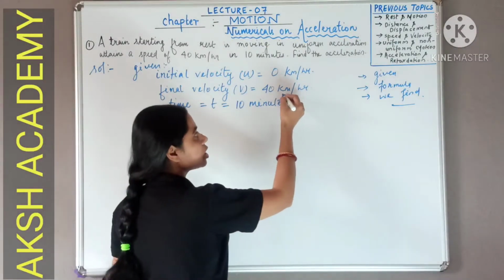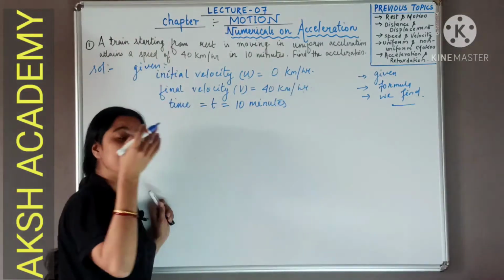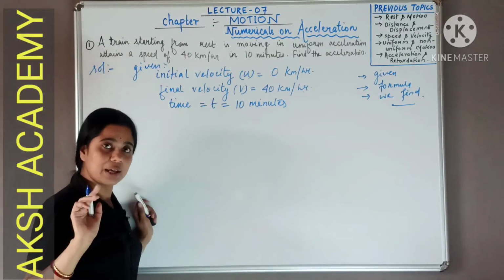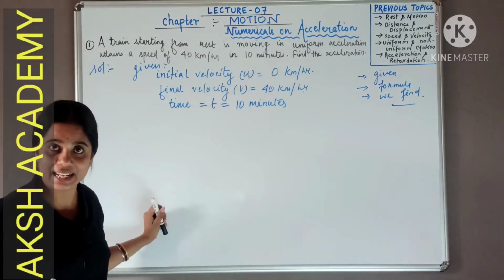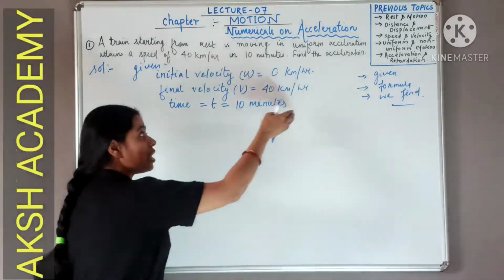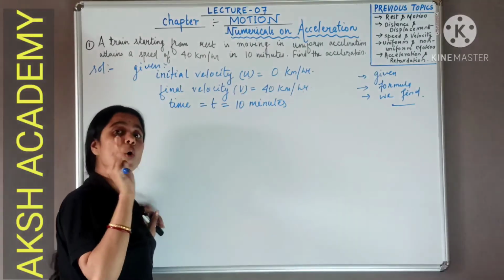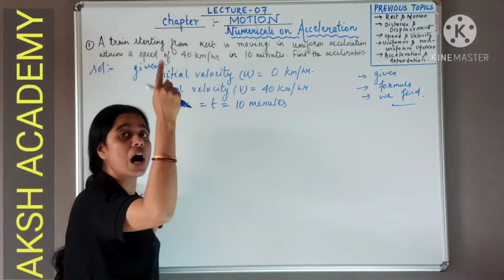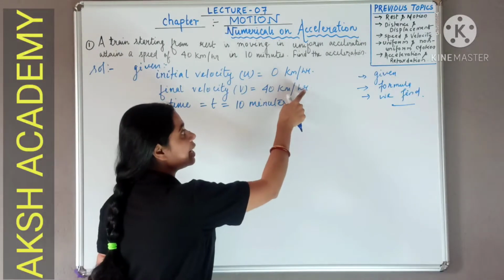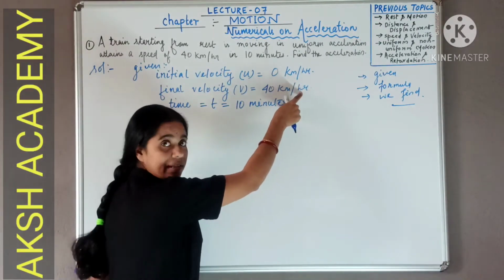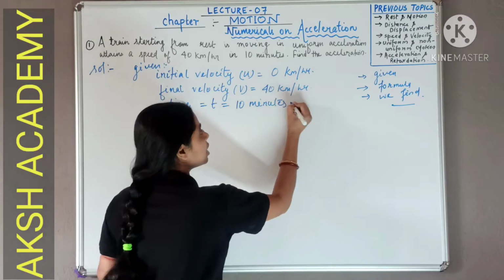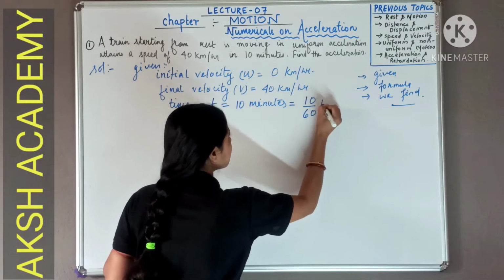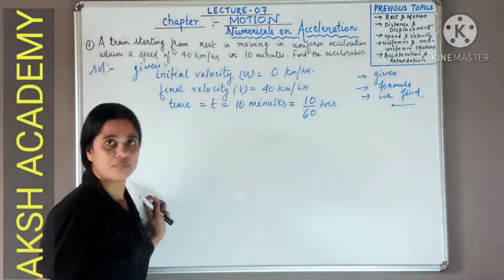Either you change kilometer per hour into meter per second and time into seconds, or you only change the time from minutes into hours so that it becomes similar to the time in the speed. So here I am changing 10 minutes equal to 10 by 60 hours.